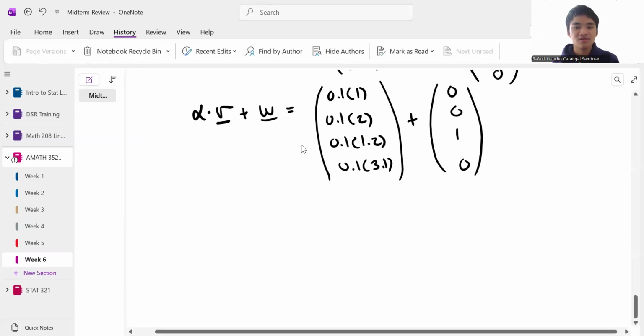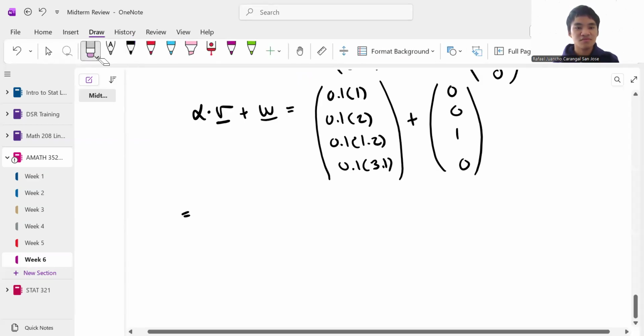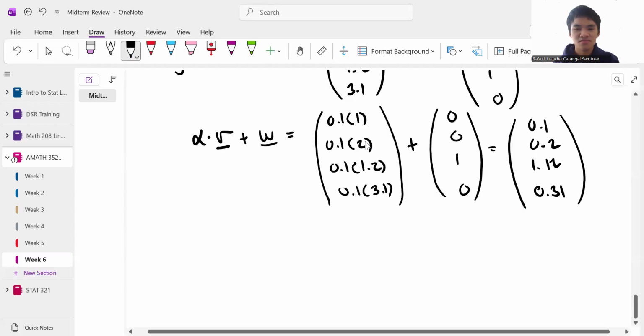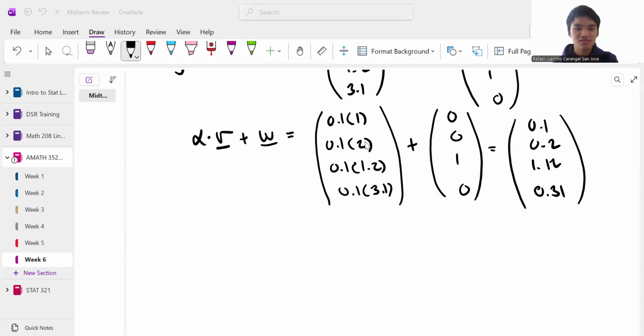So again, when we add them, we're going to get this resulting vector of 0.1, 0.2, 1.12, and 0.31. I hope that that's correct. Right? So it's just basic addition and multiplication that we're doing here.